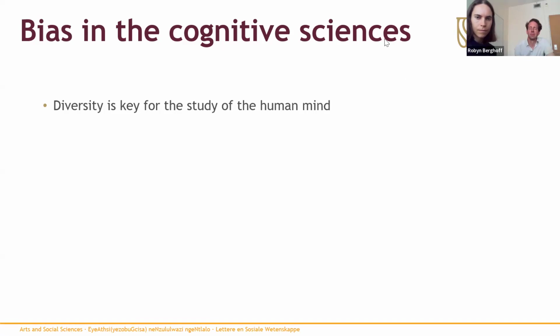Studying first language speakers of English was the default to gain insights into the functioning of the human mind. This has shifted now, and we're instead interested in looking at diversity to better understand not just how the mind works, but how the mind adapts to different situations and so on.